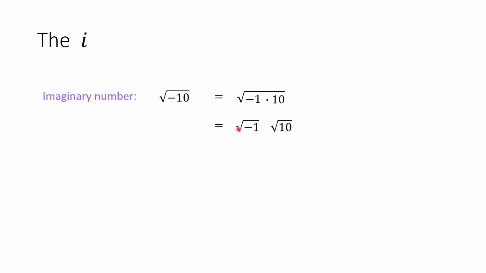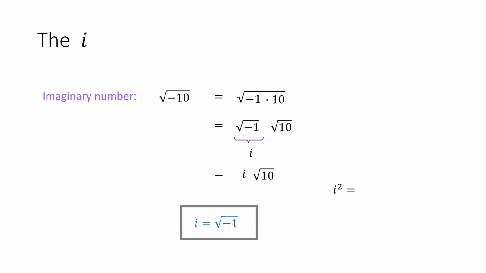I'm taking this square root of -1 as I. So this is I times square root of 10. So an imaginary number can be written as a real number times I. This I is equal to square root of -1.